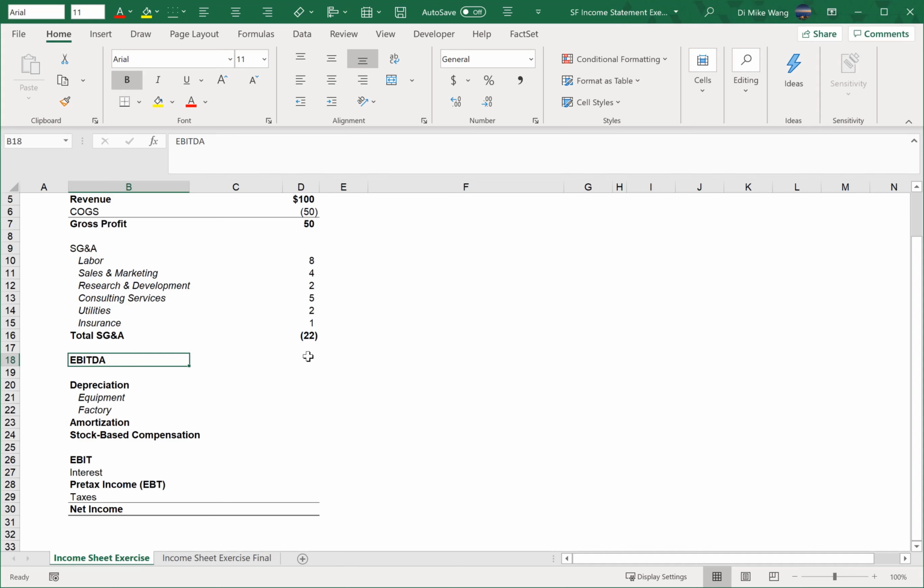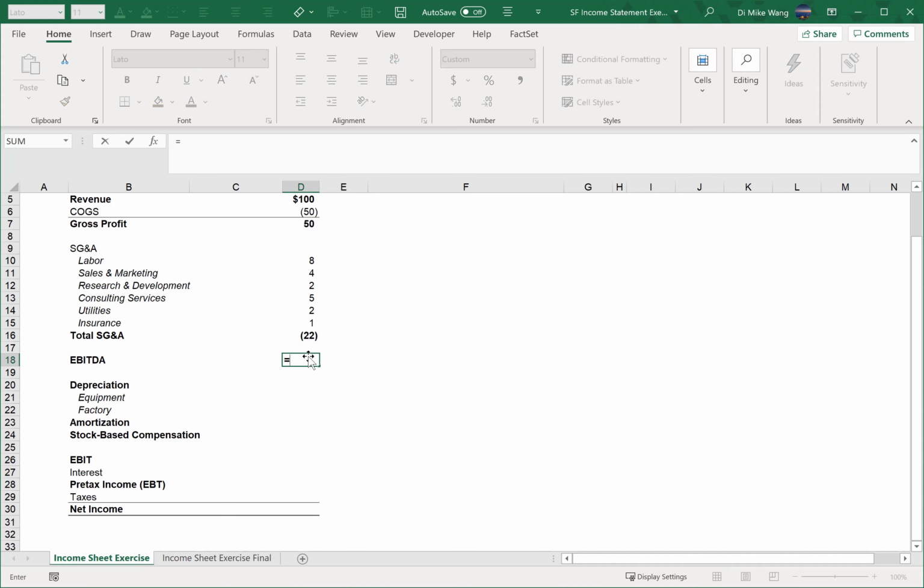Remember, in most income statements, this item will not be listed, but nevertheless, it's important to know how it's derived. So our EBITDA number here would be our gross profit plus our negative SG&A or operating expenses.